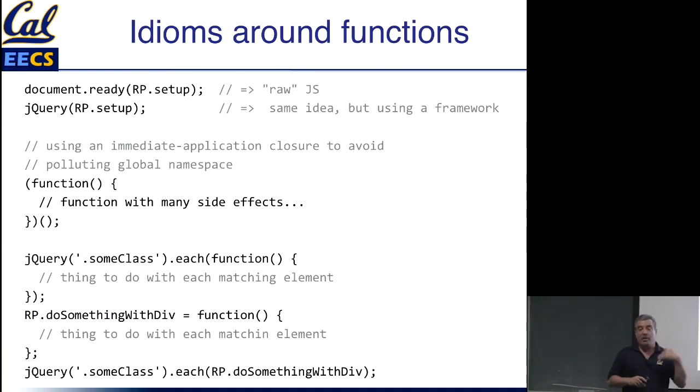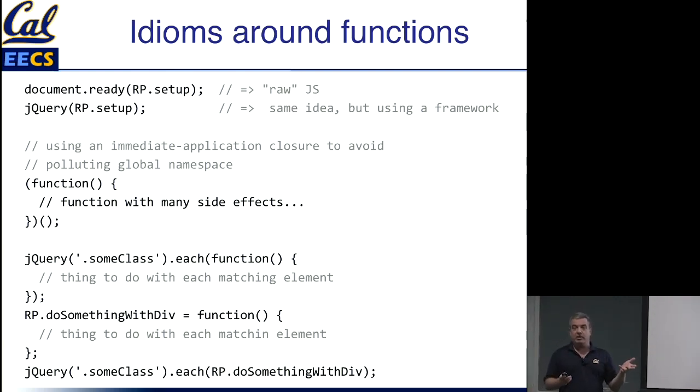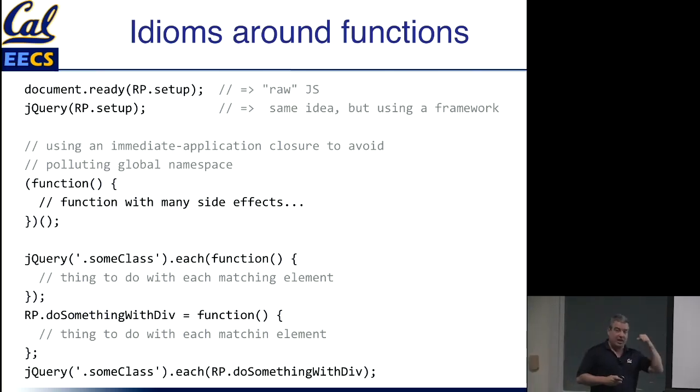But the order in which the browser loads chunks of the page and chunks of JavaScript is not necessarily predictable. So the ready function gives you a hook that says, when you, the browser, can guarantee that everything is ready to go and fully loaded, then call my setup function, and my function knows that it's going to find everything organized in the right place.